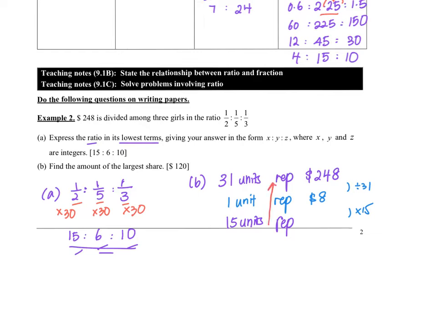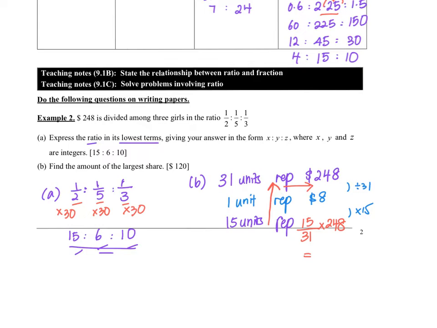15 units out of 31 units times 248. That means I write it as a fraction. I want 15 units out of 31 units of $248.